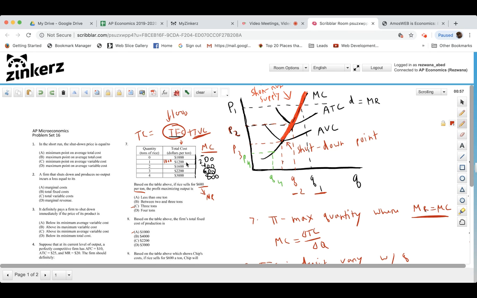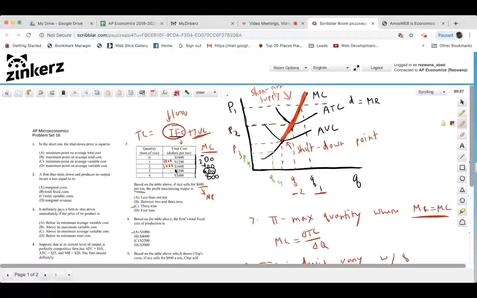So 1,200 minus 1,000, that's 200. Yes, 200. Then the next one should be 400. No. Because at a quantity of 2, the variable cost is going to be how much?